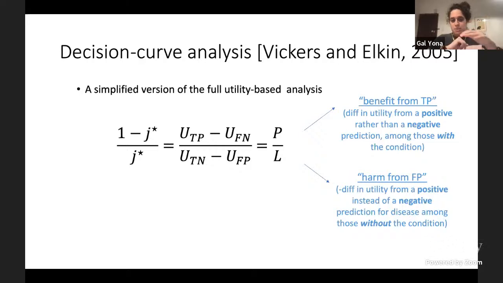Now what we're doing is, let's call the numerator P and the denominator L. You can also think of P as the benefit from a true positive, in the sense that it's this difference in utility for making a positive as opposed to a negative prediction, conditioned on the population of people that actually have Y equals 1, the condition. And similarly, L is the harm from making a false positive prediction.